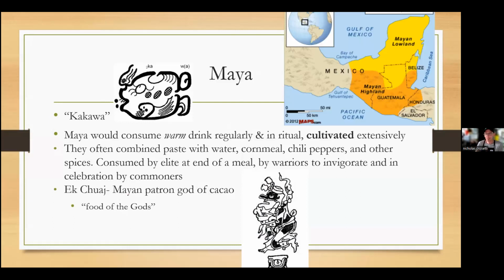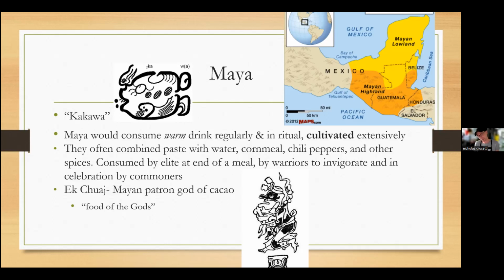The Maya, who were in this southern Mexico, Guatemala, more jungly region of the world, referred to it as cacawa. And for them, it was a warm drink that was consumed regularly, mainly because they were able to cultivate it. This was one of their cultivars, one of their products that they grew and used regularly. So it was widely available.